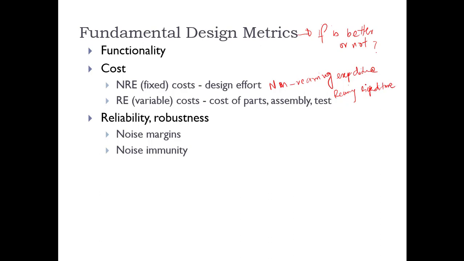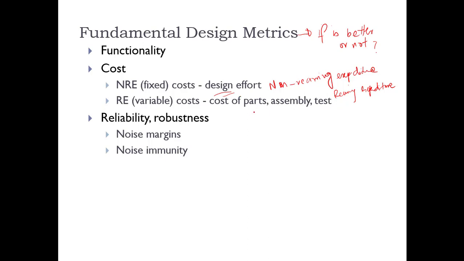So the NRE cost, for example, is the design effort. So all the engineers that a company has hired, they spend their time, so the company has to pay. So that is the design effort.